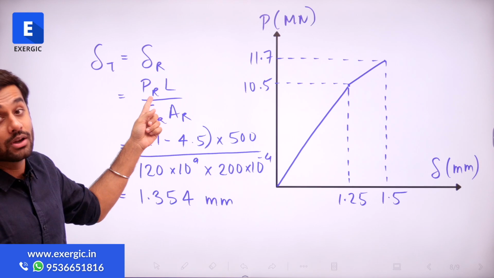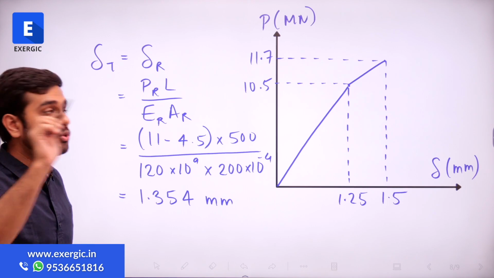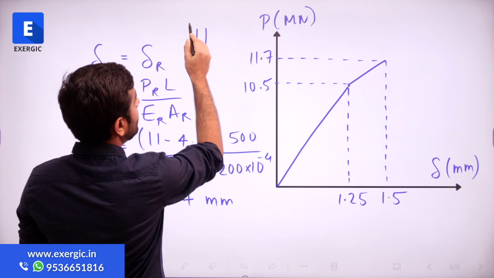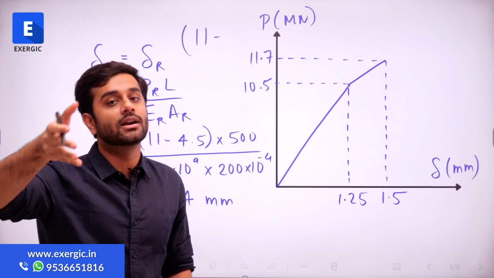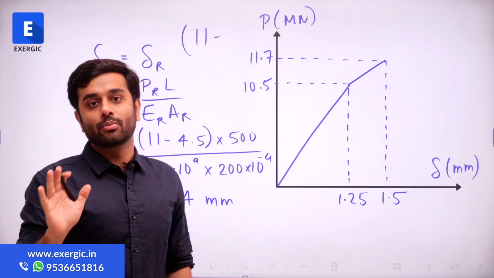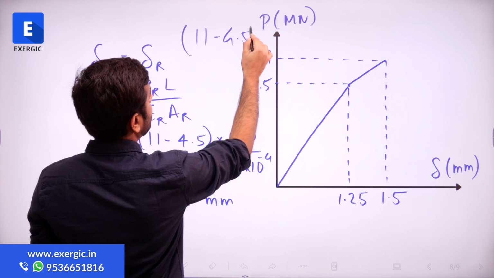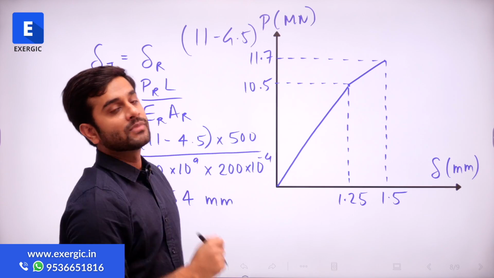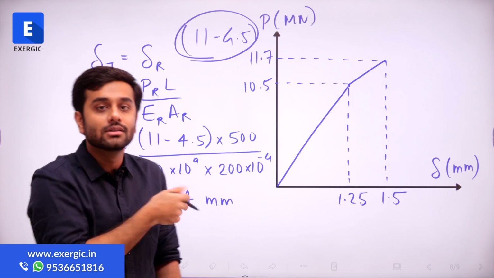P of rod, the load shared by the rod, will be equal to the total load acting, which is 11 meganewton, minus the maximum load which can be shared by the tube. The tube can only share up to 4.5, because after that it will yield. So the rest of the load will have to be shared by the rod.